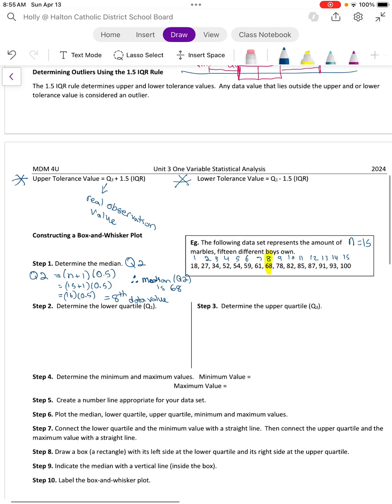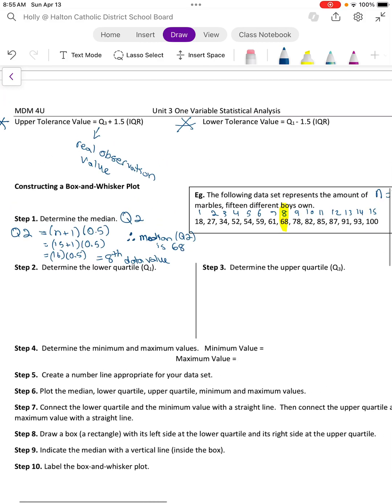Okay. Let's do the similar idea here for Q1. Q1 is going to be n plus 1 times 0.25. And that's from your formula on the first page.